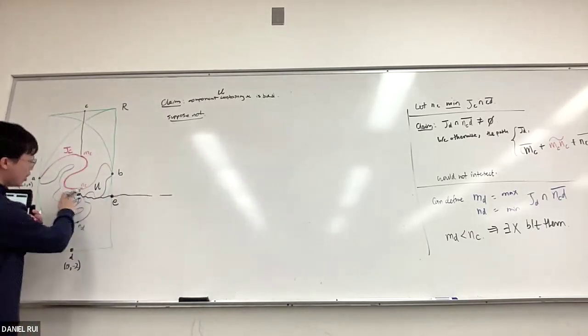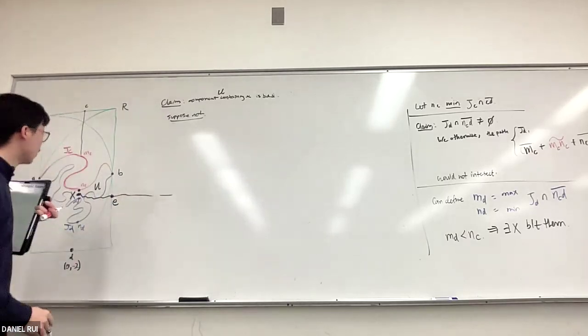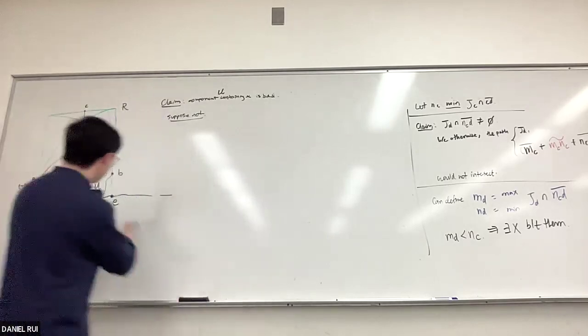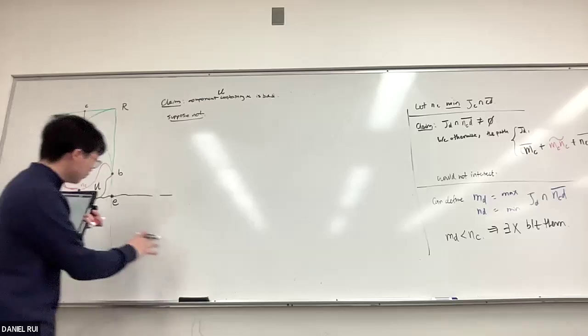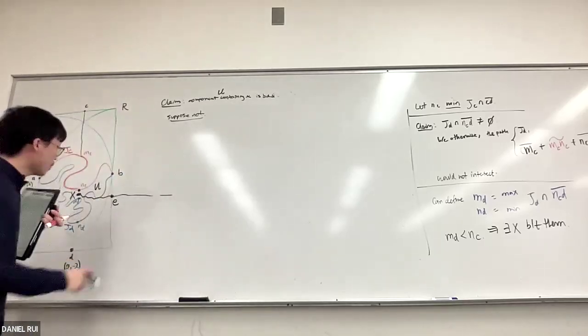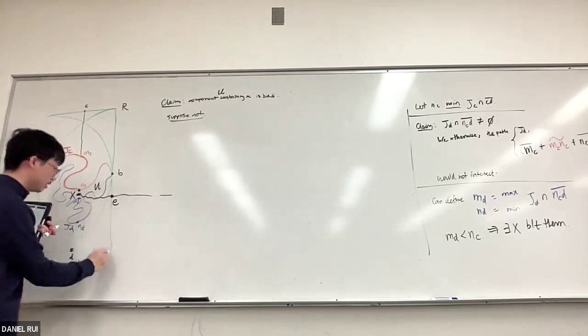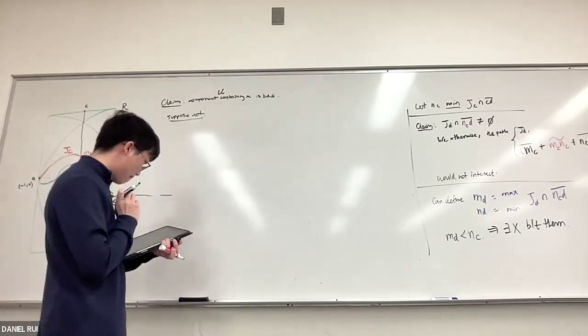It's what happens when I follow this path to infinity and I hit the boundary of the rectangle. So in this case, the y-coordinate of E is below 0. Okay, so I'll just do that case. Yes, E is the first time I hit this boundary of R.